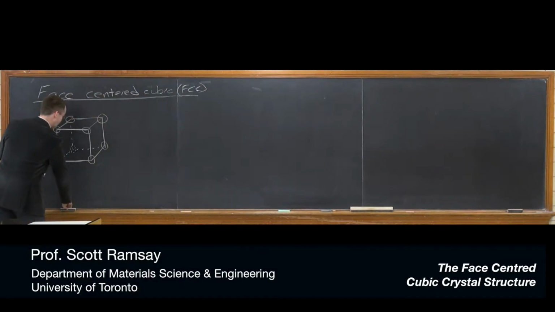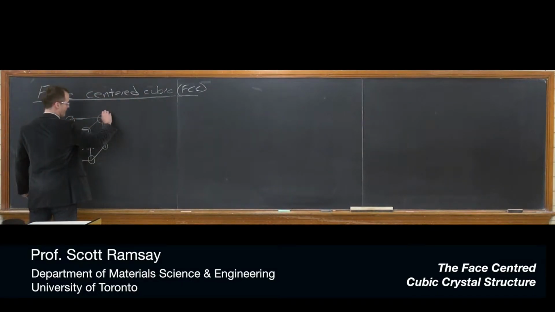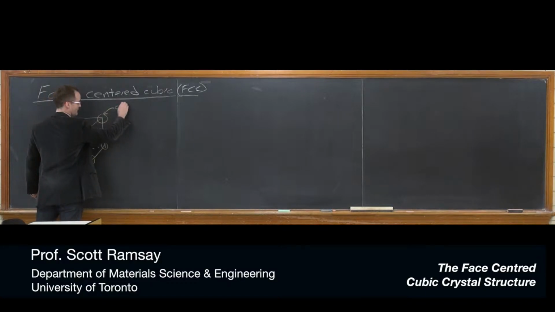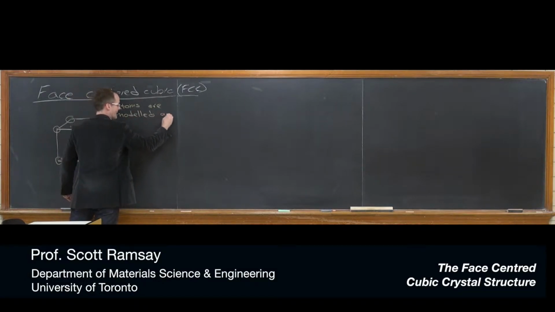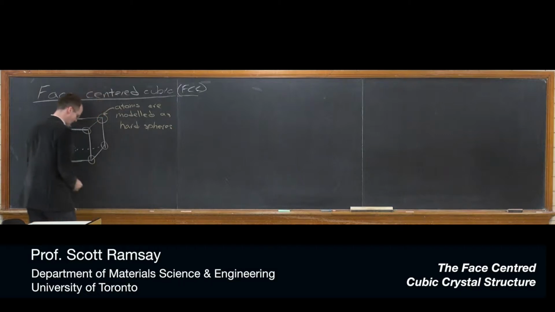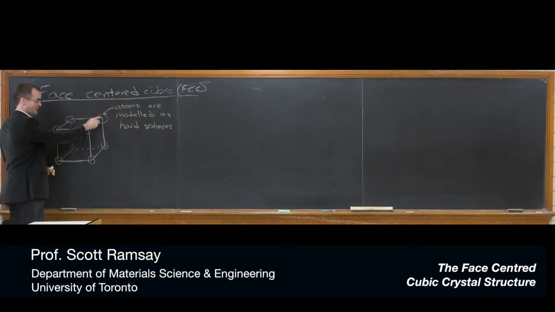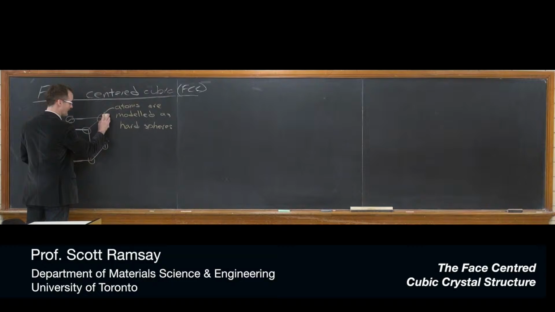So I've drawn a complete circle, but I should note that the atoms are modeled as hard spheres. Okay? And so if we have a hard sphere centered on the corner, that means actually some of that sphere is outside of our unit cell. And if it's outside the unit cell, we don't really care about it.